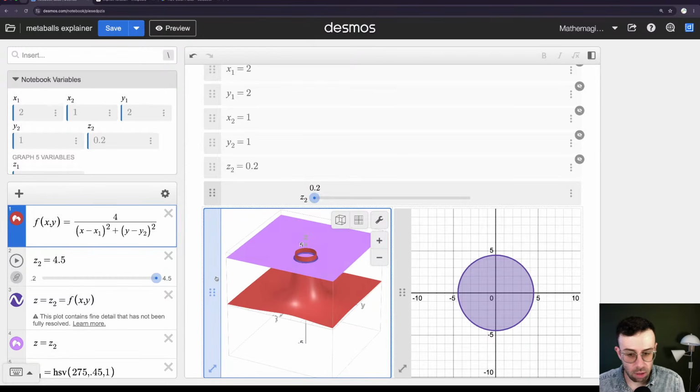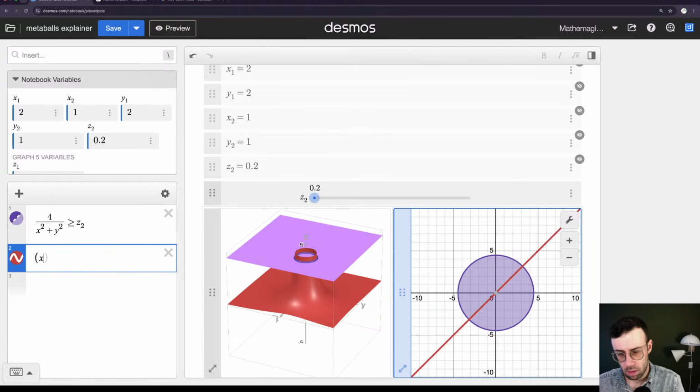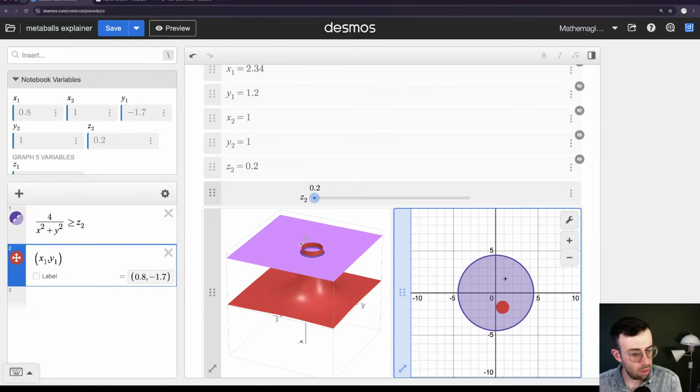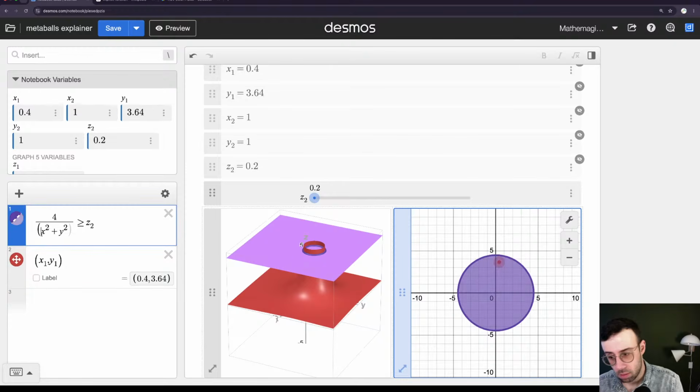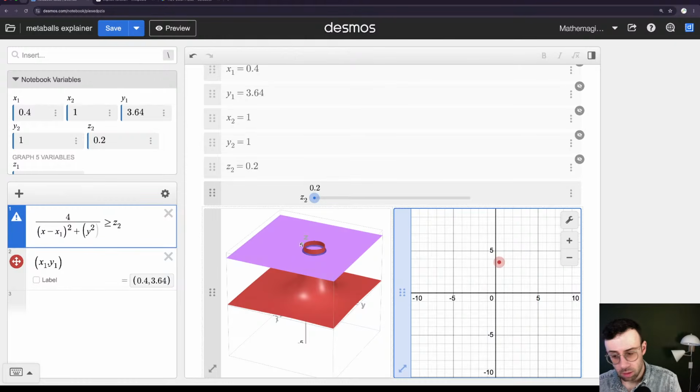Okay, so now I want to be able to drag X1, Y1 around. That drags that, but then I need to also do that to move the center of the circles.